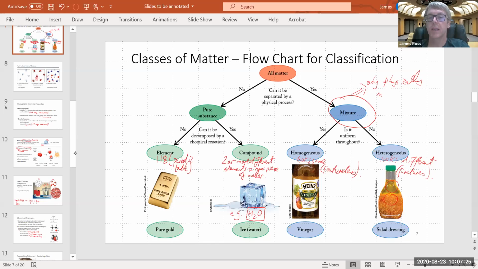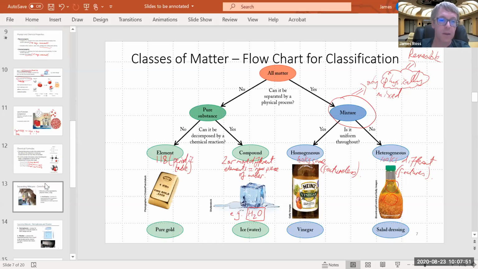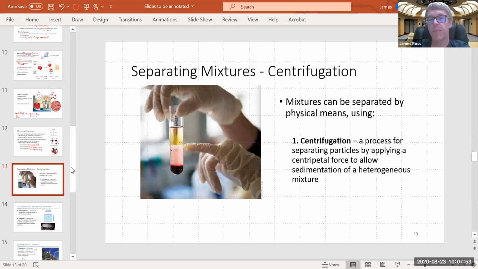And we know that physical means reversible. So if they're physically mixed, and that's a reversible phenomenon, we can unmix them, right? There's no such thing as chemical mixing.